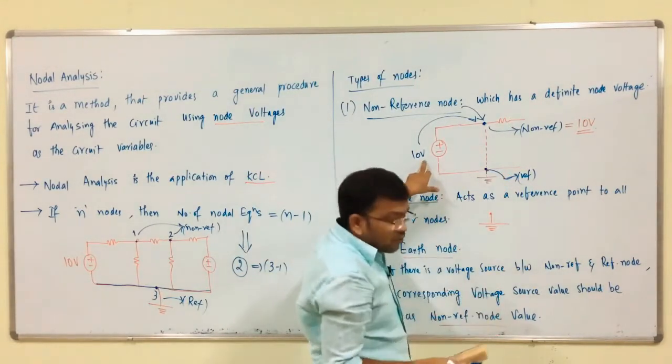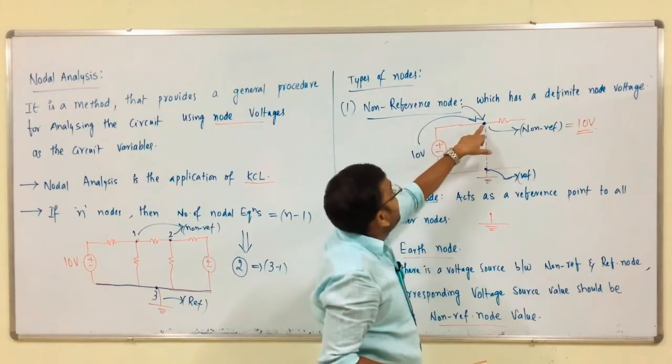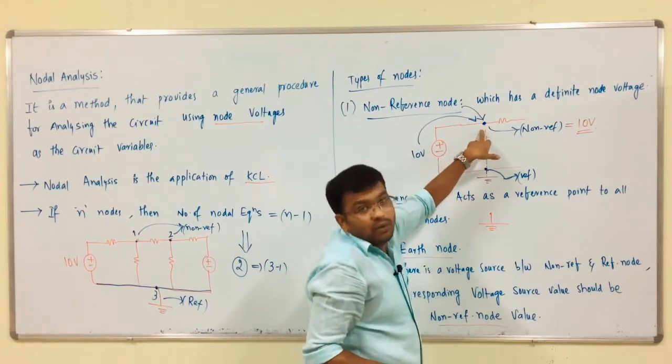Then the corresponding voltage source value should be treated as the non-reference node value. See, consider this. The non-reference node value is equal to the voltage source value. Here the non-reference node value equals what? 10 volts. That is the point.